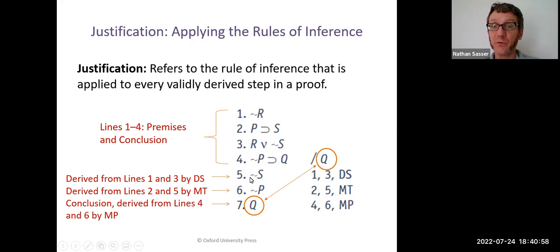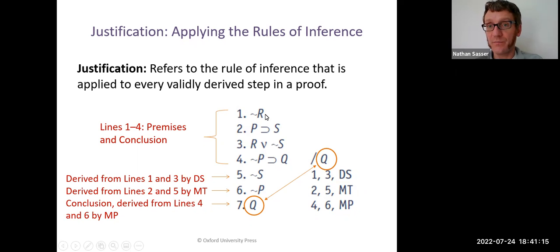And here's what you'll do. Here's what it'll look like. In this one, first of all, they proved 5. They proved that not S is true. How did they prove it? They proved it from line 1 and line 3, by applying the disjunctive syllogism rule to those two lines.